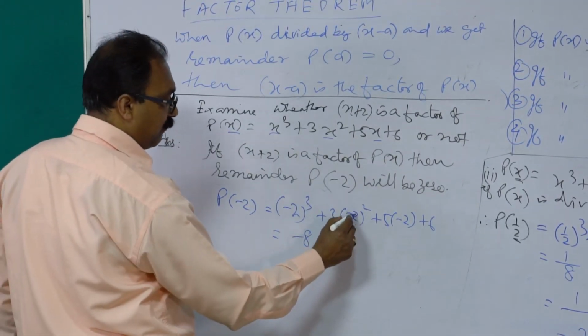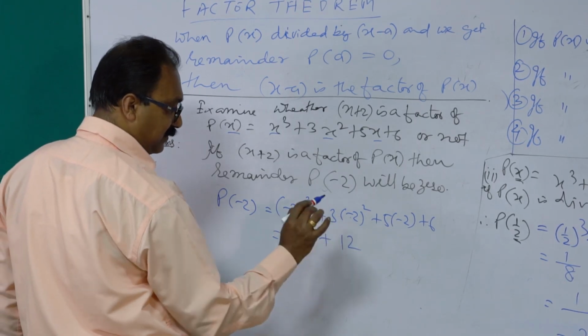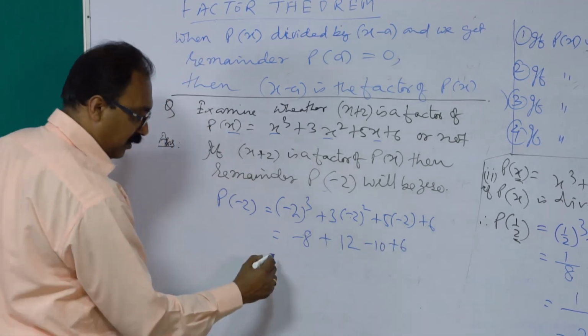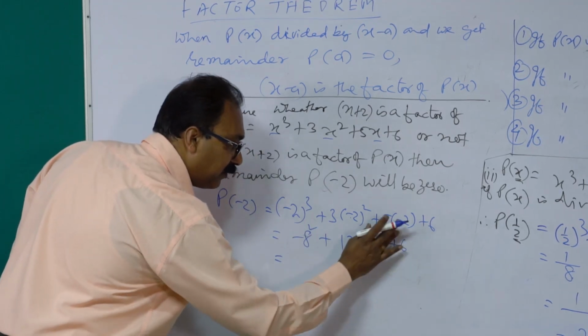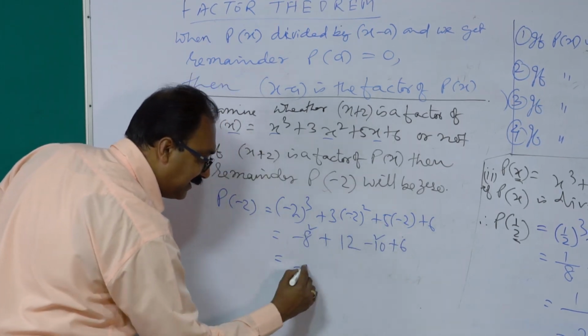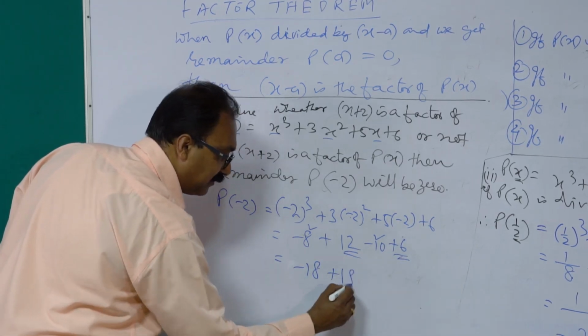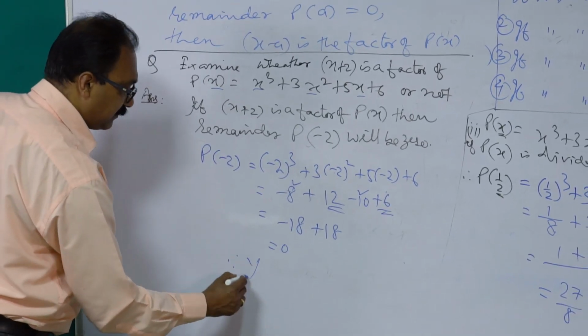Now plus, 2 2s are 4, 4 3s are 12. Minus becomes plus. Minus 10 plus 6. You add the minus terms, these and these. How much? Minus 18. And these two, plus 18. It will become 0. When the remainder is 0, therefore we can say yes.